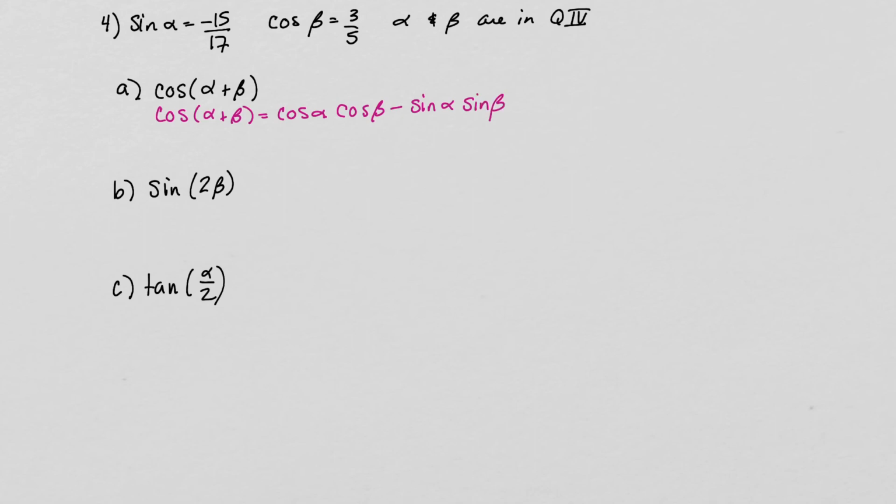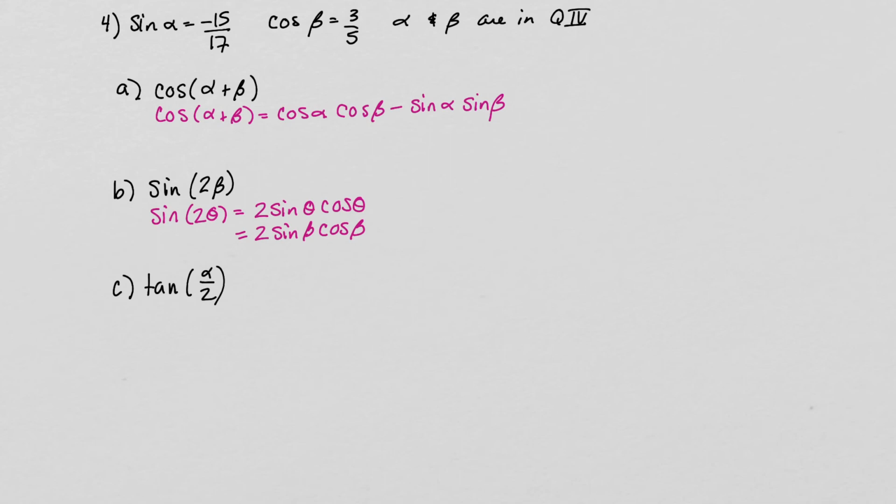And the sine of 2 theta is 2 sine theta cosine theta. So in our case, it's going to be 2 sine beta cosine beta, because we have a beta.